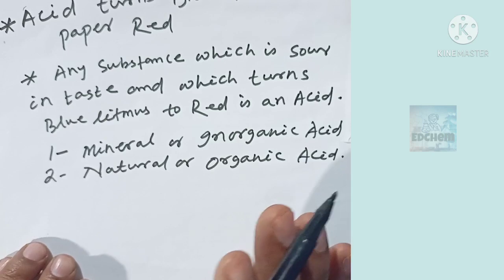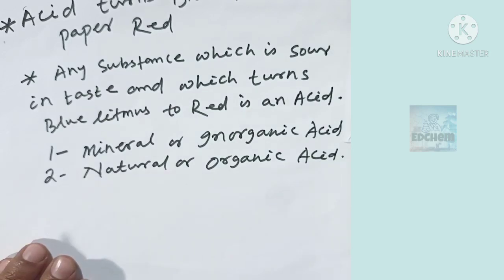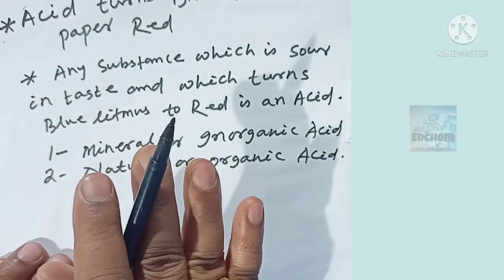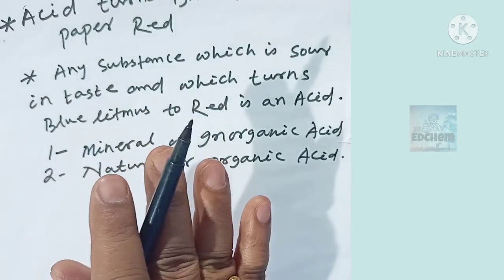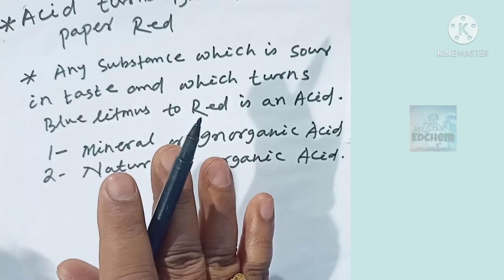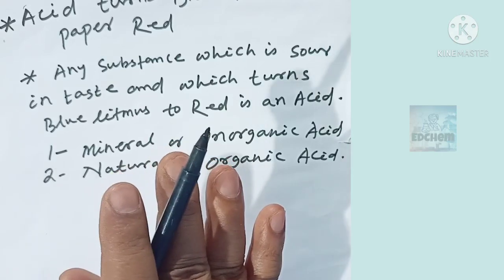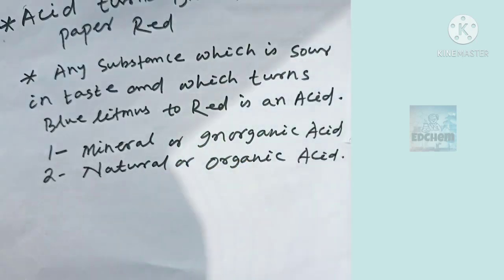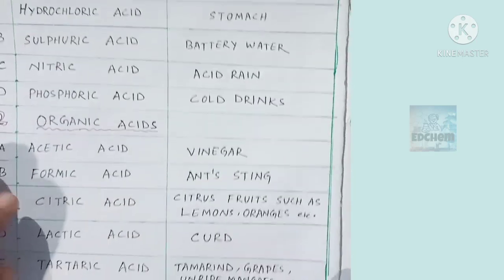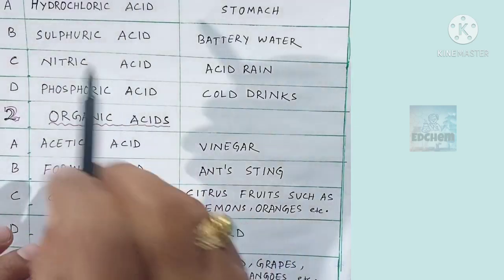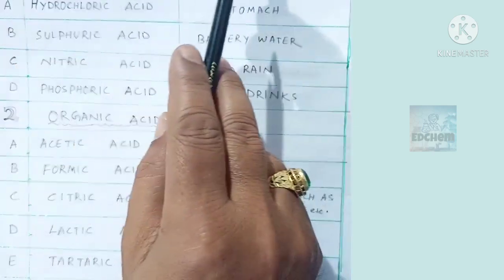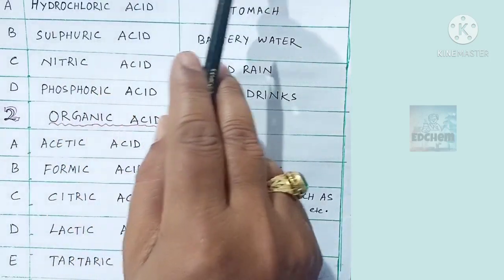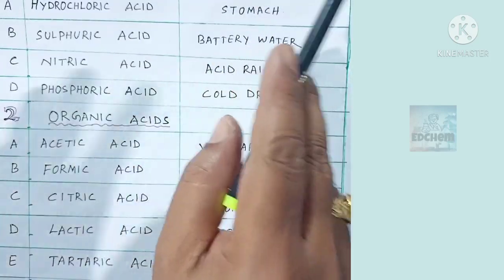Okay, so now we shall discuss some common acids. I am giving you the list of some common acids according to the category. Here you see the list of some common acids and where they are generally found.